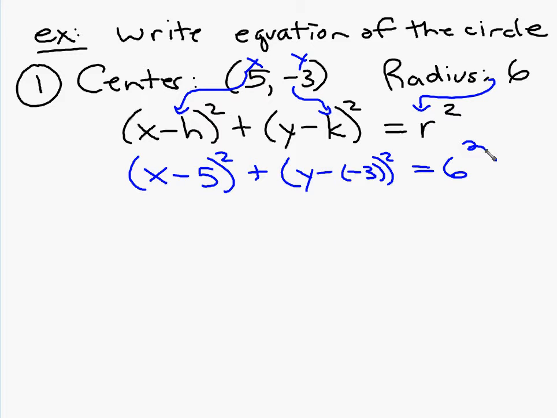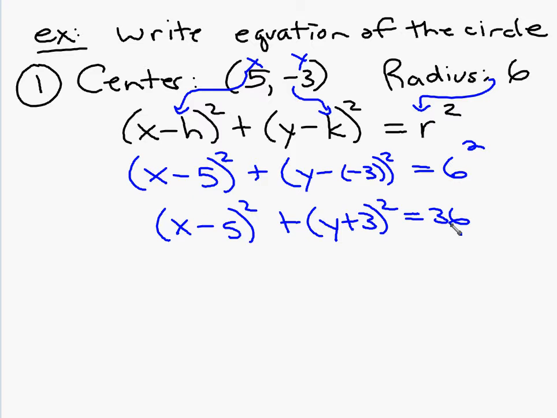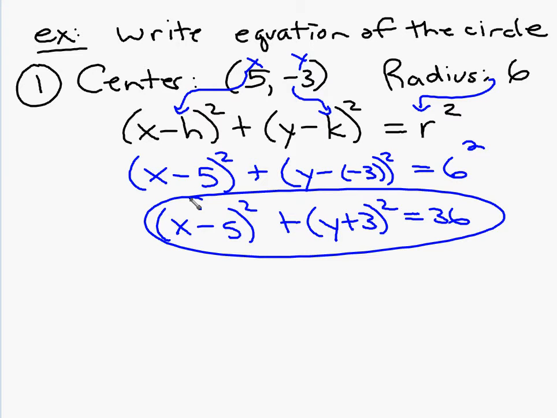Now I'm showing every step here. I realize you probably could have gone straight to the answer, which is (x minus 5) quantity squared plus (y plus 3) quantity squared equals 36. And there it is in standard form. Okay?